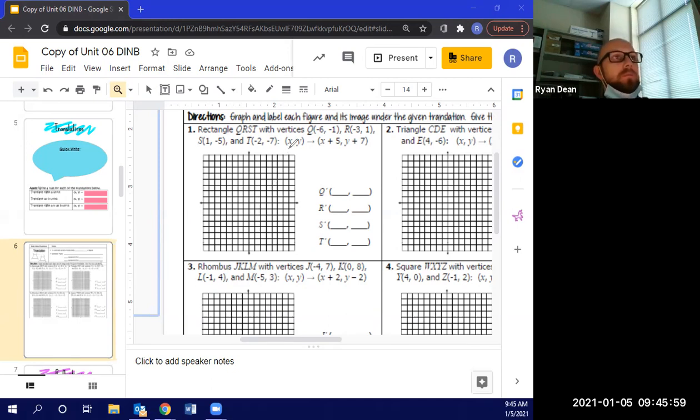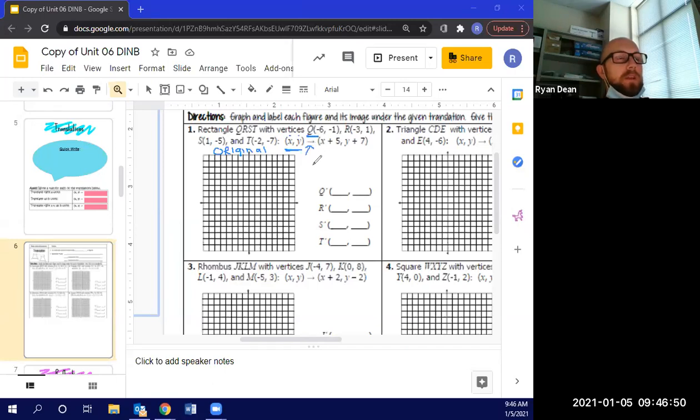So the XY coordinate, this right here is your original point. If I'm doing point Q, for instance, the -6 and the -1 are going to go right here for the x and for the y. What I'm doing is taking the original x value and the original y value, and I am transforming it.